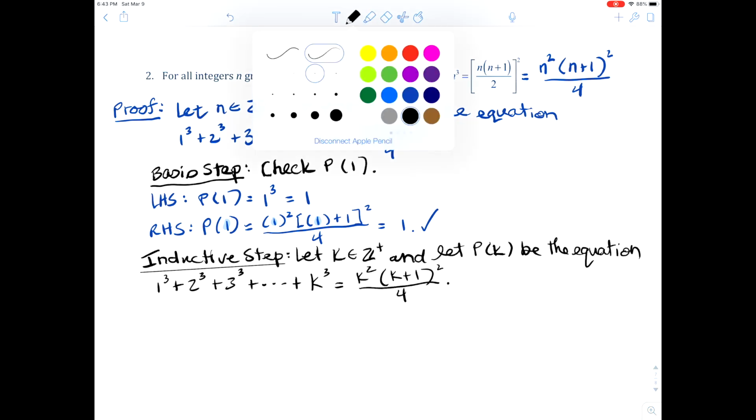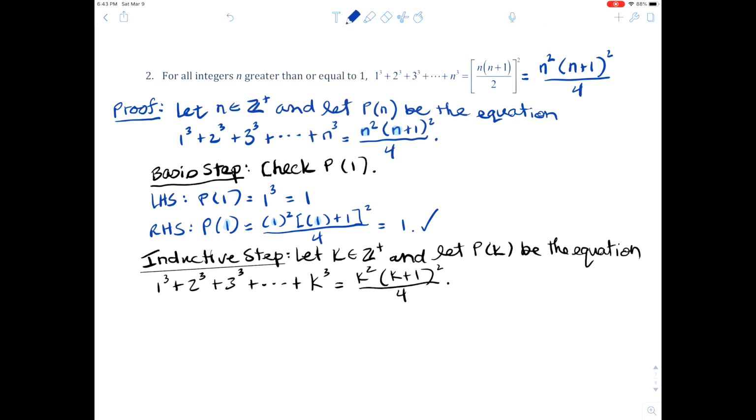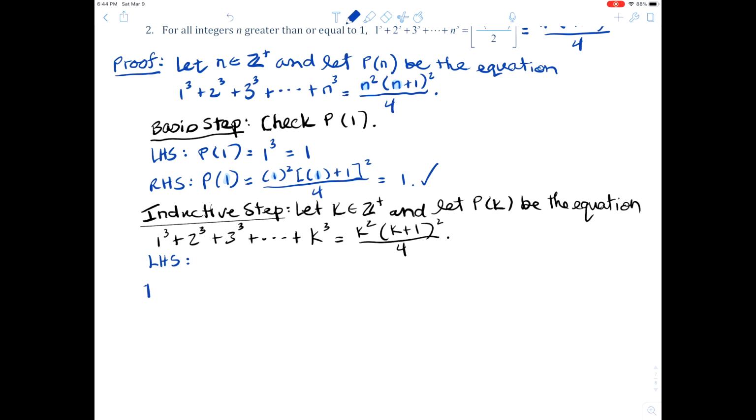So now working with the left-hand side, P at k plus 1 is going to be 1 cubed plus 2 cubed plus 3 cubed, and on until we get to, good, (k plus 1), the quantity cubed.